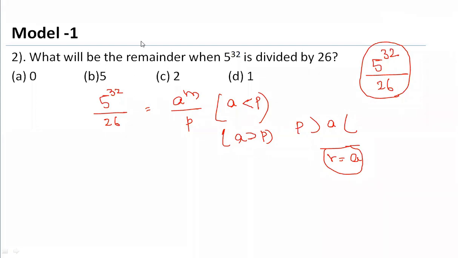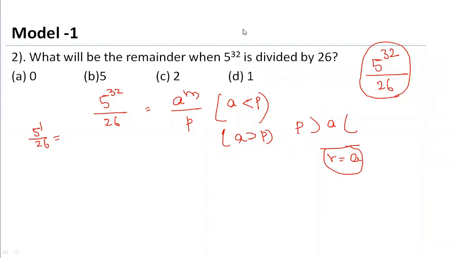As you are already done with the unit digit concept, you might be understanding the logic clearly, guys. So without any delay, as a is less than p, I'm trying to solve directly. After how many 5 powers divided by 26 are the remainders going to get repeated? Okay. So now 5 power 1 by 26. What's the remainder? Please don't say 26.